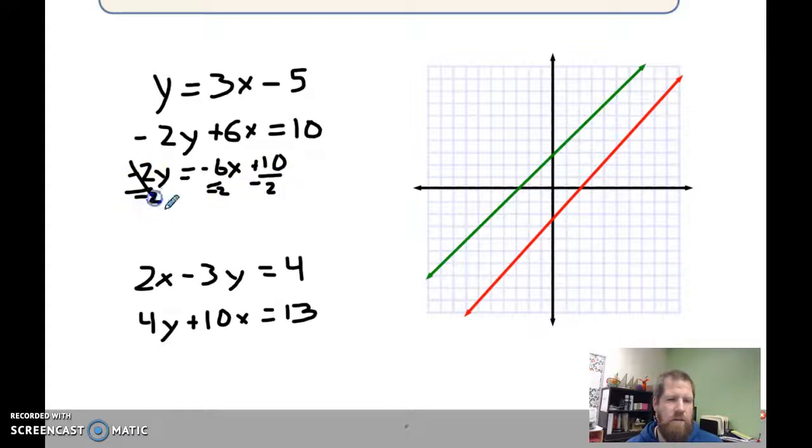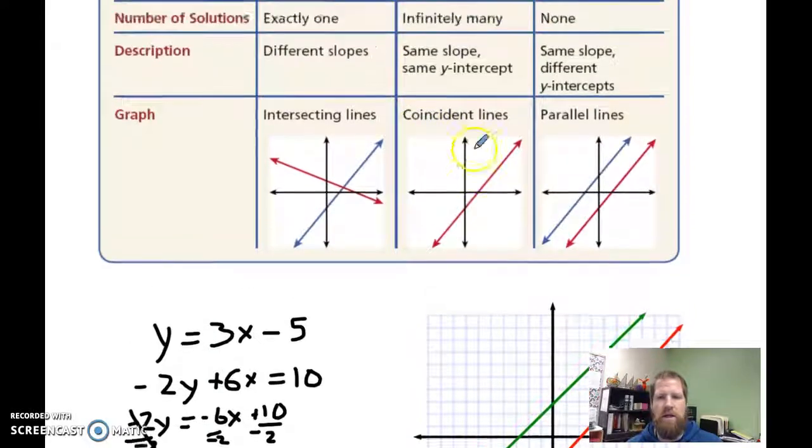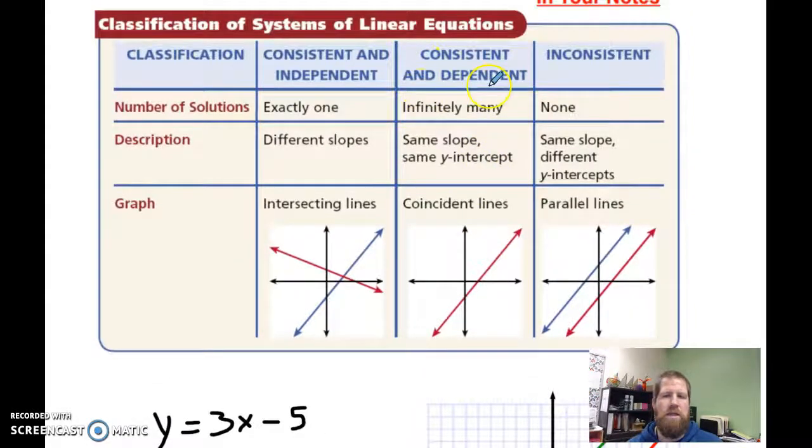And yeah, I'm going to end up with y equals negative 6 over negative 2, or 3x, positive divided by a negative, minus 5. And they are the same line. They are coincident lines. It's a consistent and dependent classification, or consistent and dependent system. All right.